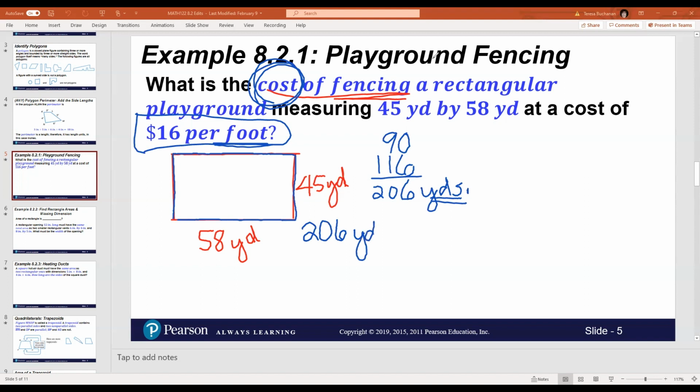I can do that with a unit multiplier because, again, there's no possible confusion about whether I should be adding or subtracting if I use my unit multiplier. I'd like to get out of yards, so I put yards in the bottom. I'd like to get into feet, so feet goes to the top. And I know that that relationship is that 1 yard is equal to 3 feet.